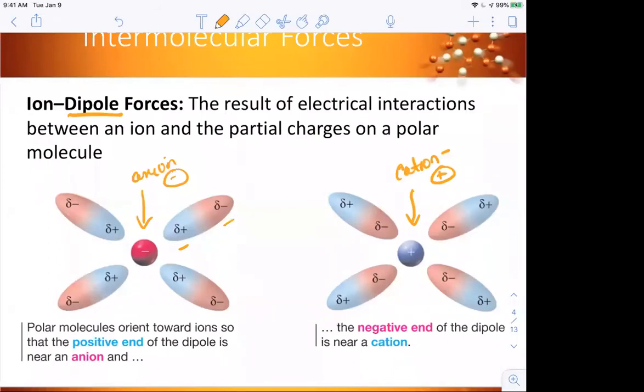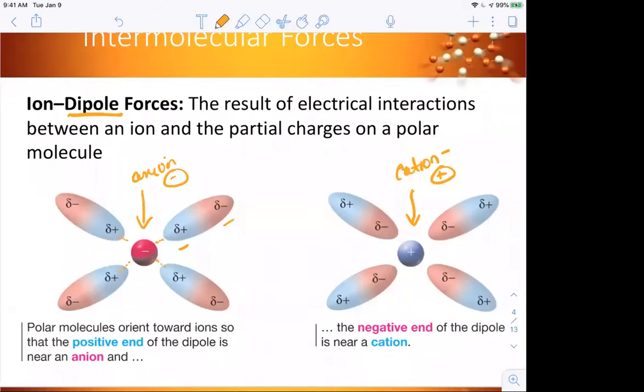So, because opposites attract, these polar molecules are going to orient themselves so that the partial positive part of the molecule is going to be attracted to the negative anion. So the molecules themselves are going to orient to maximize that oppositely charged attraction. The partial positive parts of many molecules are going to orient themselves to interact with that negatively charged anion.